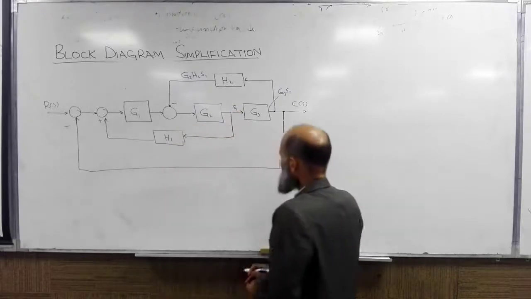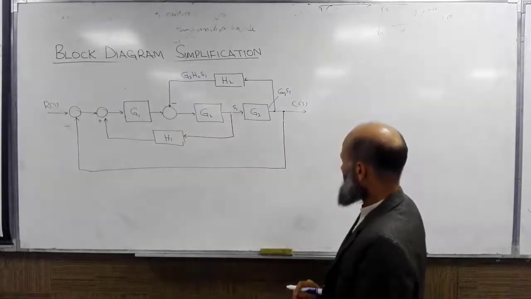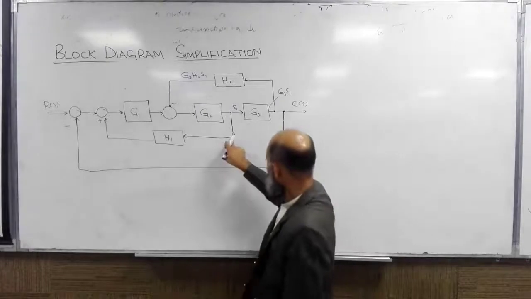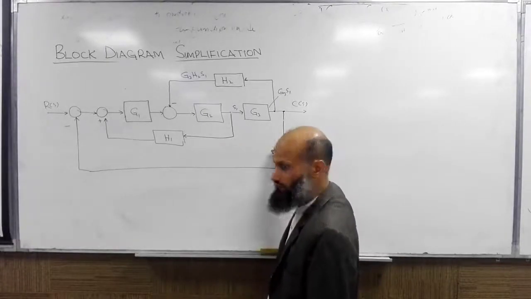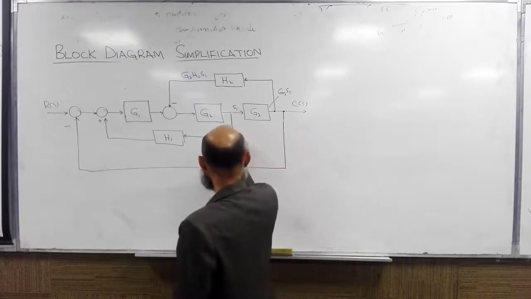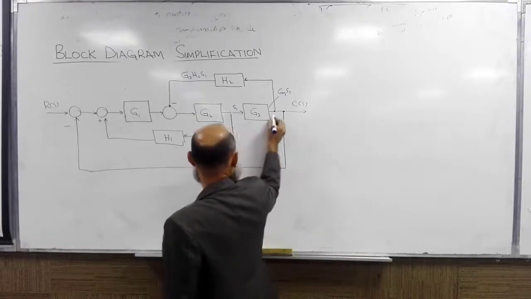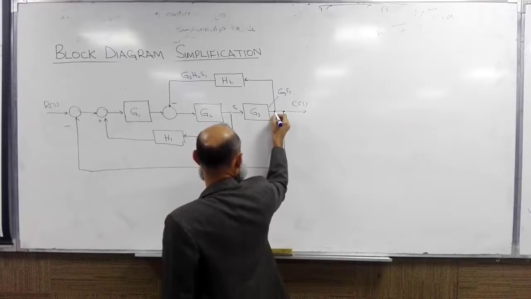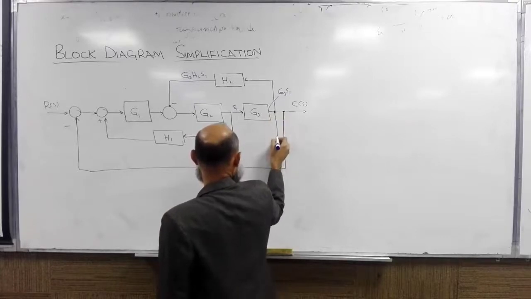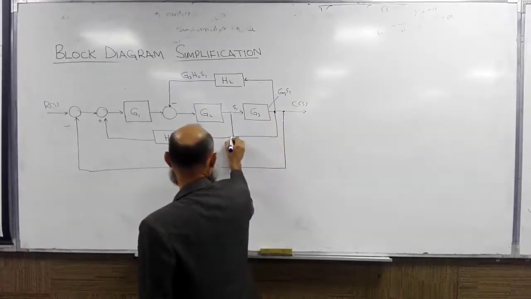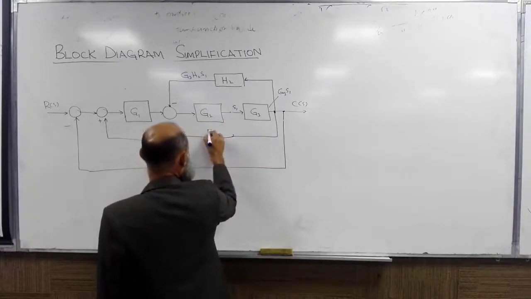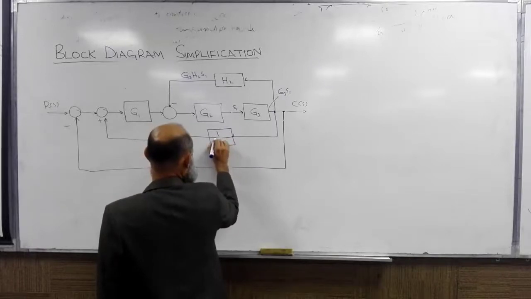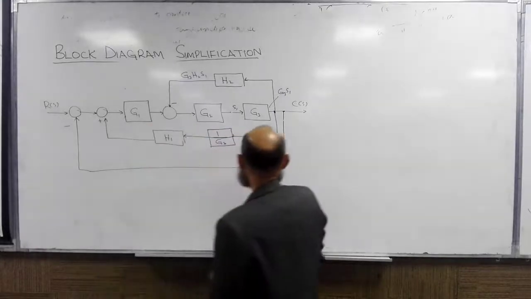or what we can do is we can proceed in another way as well. We can even bring this point over here, right? If we bring this point over here, then what we have to do? If we bring it over here, then we have to divide it by G3, right?